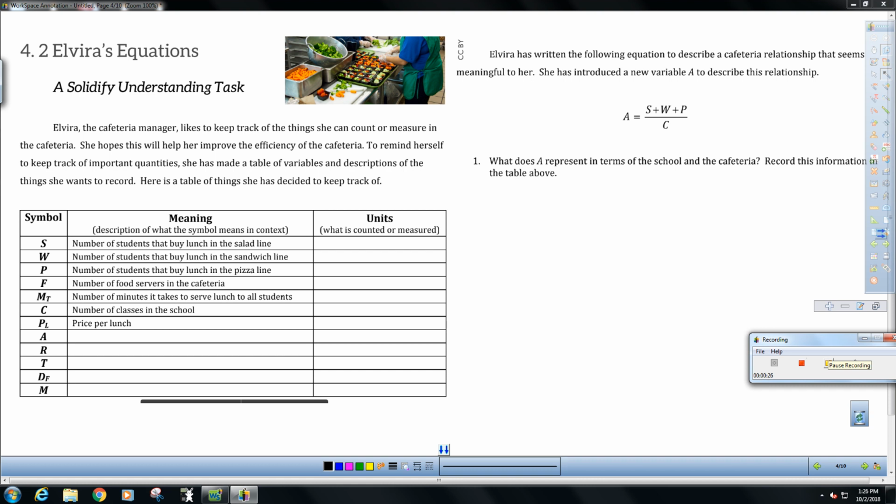Okay, so we're back to Elvira, the cafeteria manager, and she's got a number of variables established. When you go to McDonald's and order a number 6 biggie, or you want it large, and a root beer, and add a cheeseburger, no one is sitting there typing all of those numbers into a calculator.